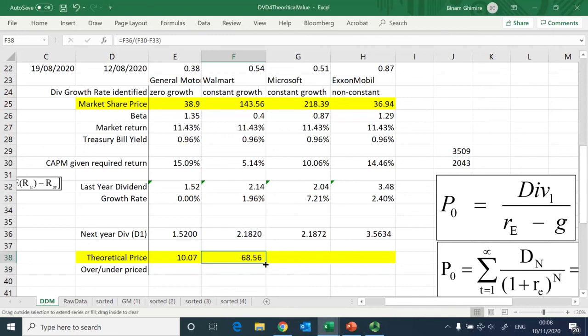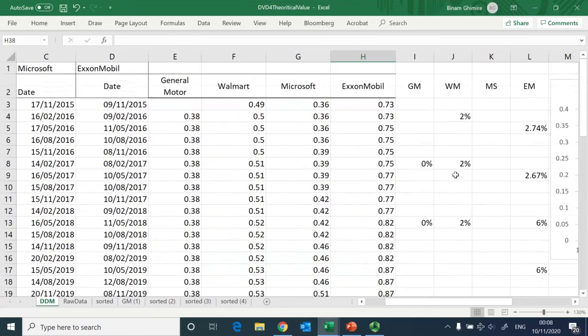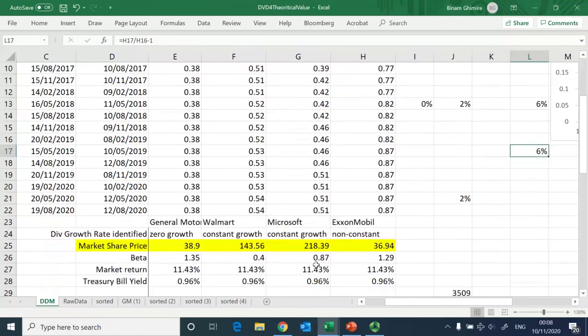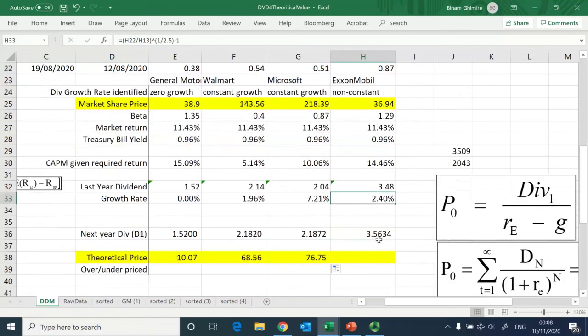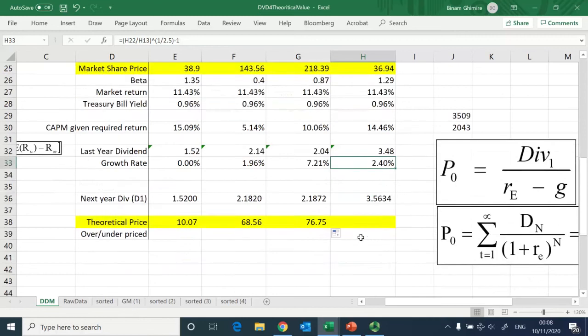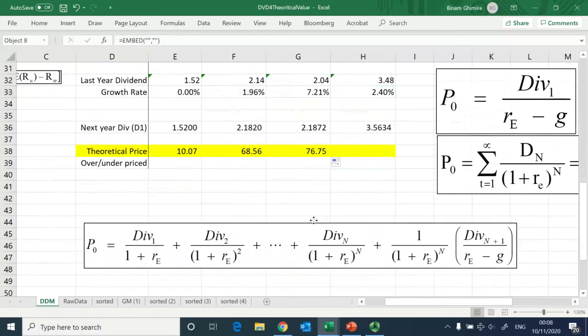And then same for Microsoft as well, but now it's the ExxonMobil, and in this case what we have assumed is the dividend growth is non-constant and constant afterwards. And we found that constant growth rate here, which is 2.40%. So which then basically means we need to apply this formula.